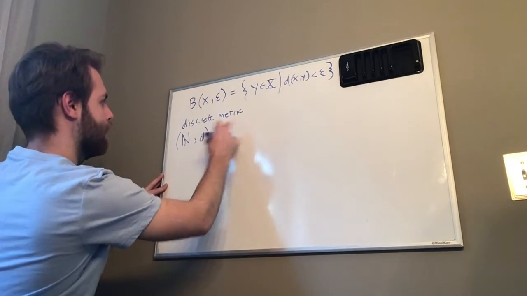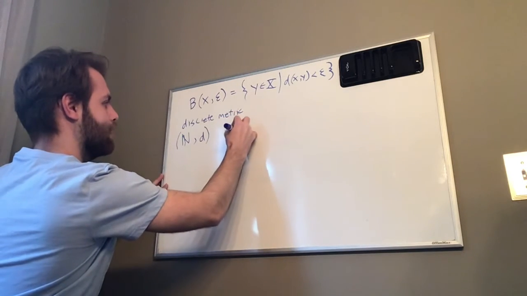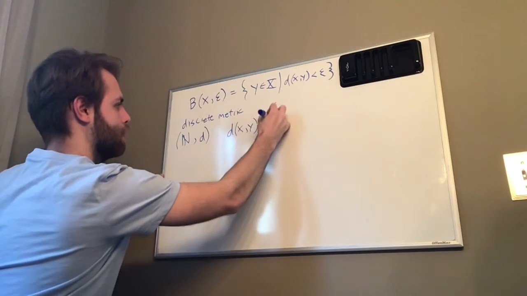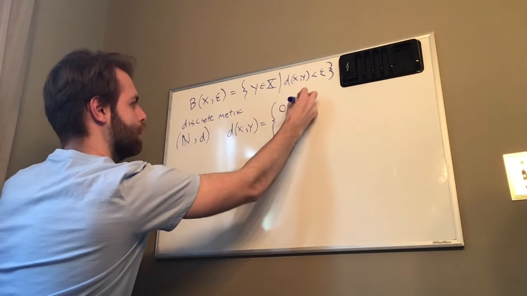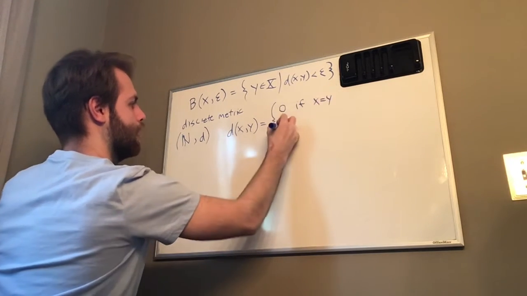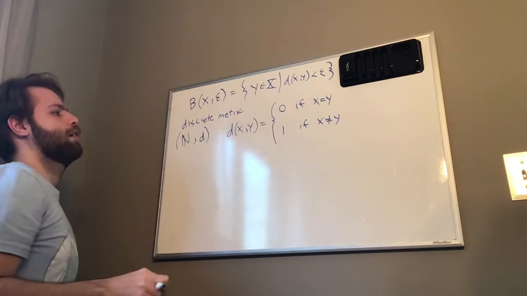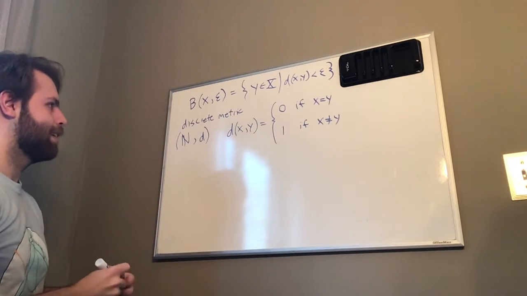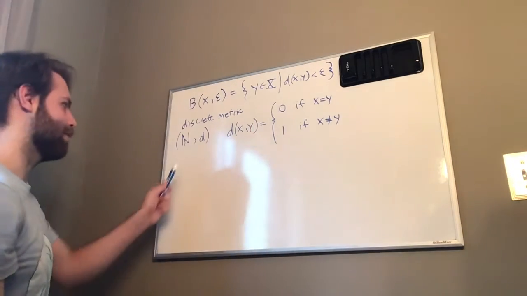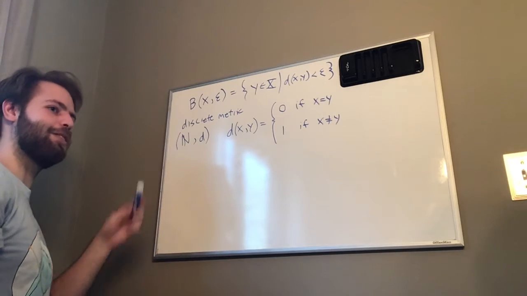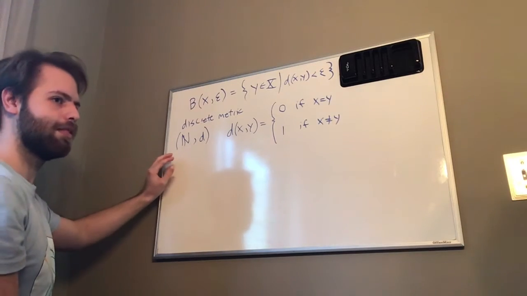Under the discrete metric, I'm going to define the distance from x to y as equal to, in piecewise notation, 0 if x is equal to y, and 1 if x is not equal to y. This is a little bit weird because there are only 2 distances you can have, but I have infinitely many points. It's not intuitive, but that's because there are infinitely many natural numbers.